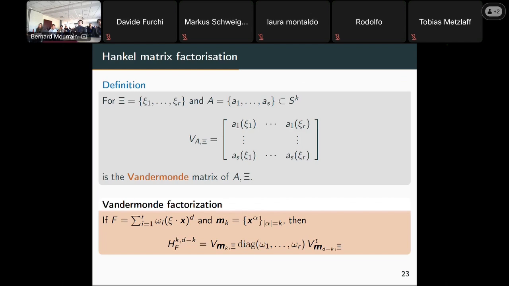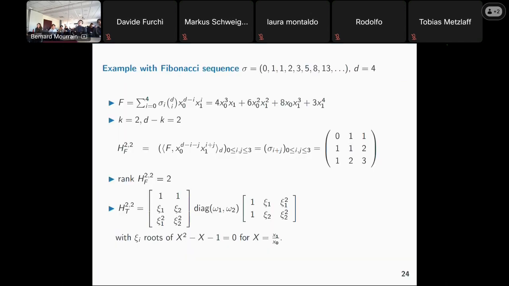Okay, let's take an example with the Fibonacci sequence. We have here the Fibonacci numbers up to degree 4. You have seen the correspondence between monomials, tensors, symmetric tensors, dual elements, and moment sequences.